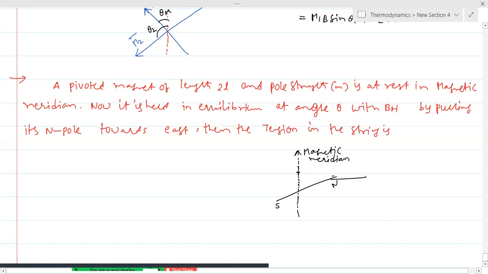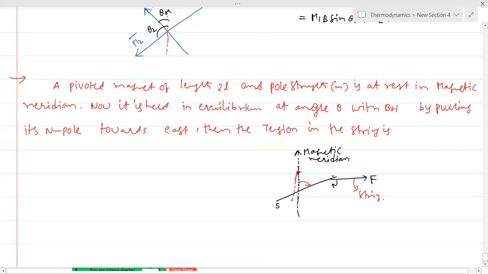With the means of a string and by applying a force here, let us take this is a string. By applying a force F, the string is pulled so that the bar magnet has been displaced from here by this angle.